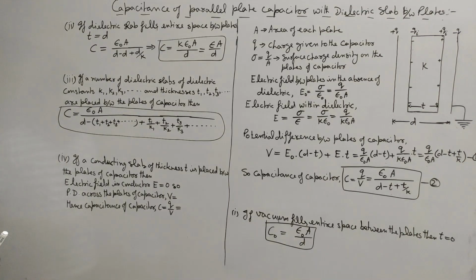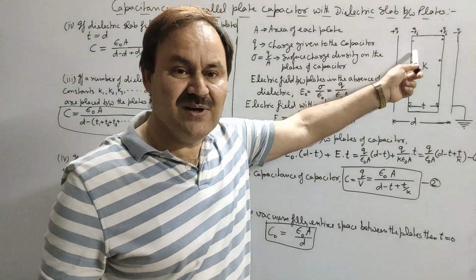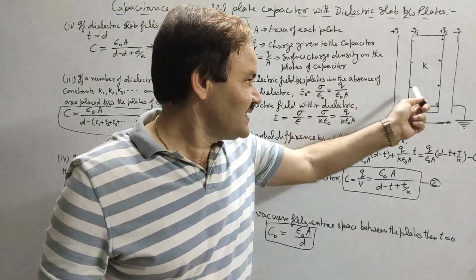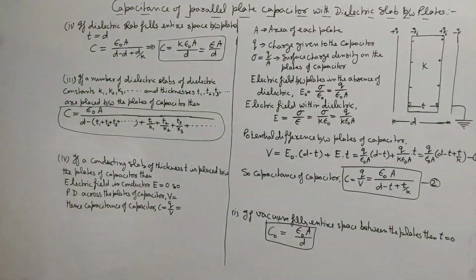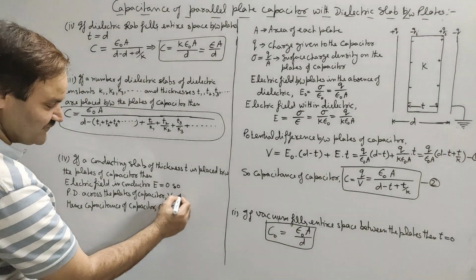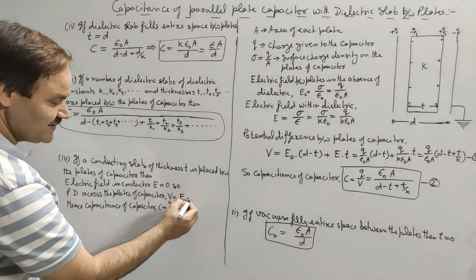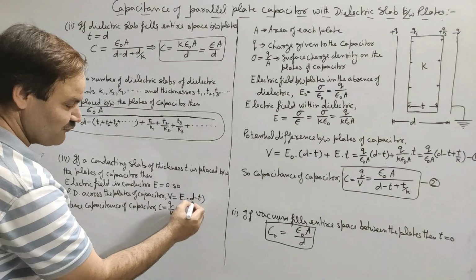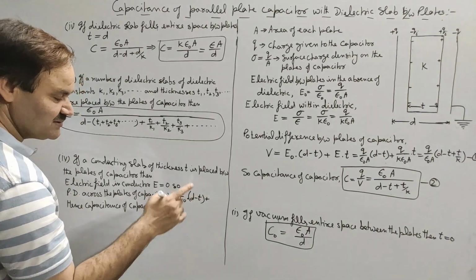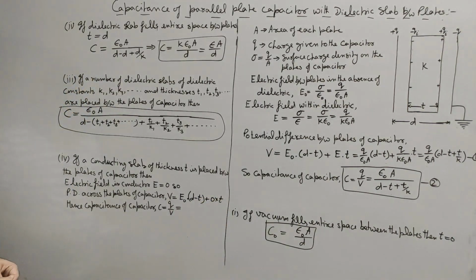For that, we know that the electric field within the conductor will always be 0, because the charges induced will be equal to the inducing charge. Hence, the net electric field within the conductor will be 0. So the potential difference across the plates of the capacitor will be the electric field in the region occupied by vacuum multiplied by the distance occupied by vacuum, plus the electric field within the conductor, which is 0, multiplied by the thickness of the conductor t.